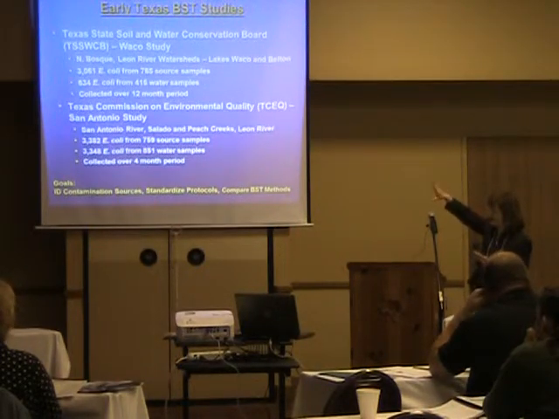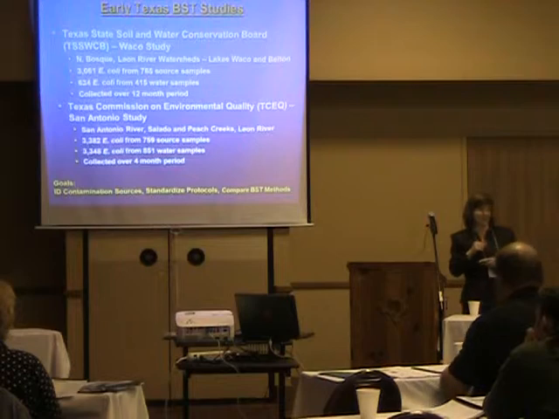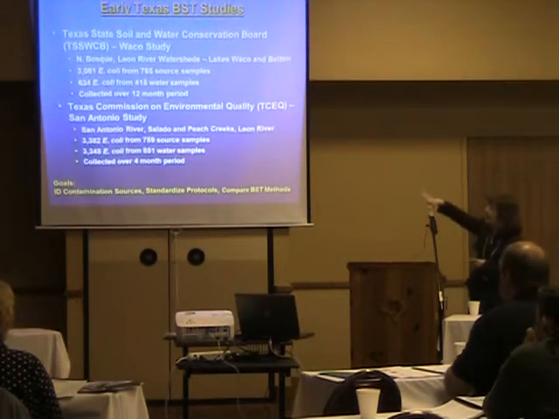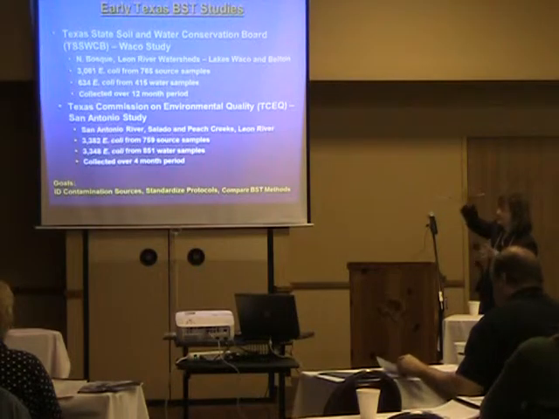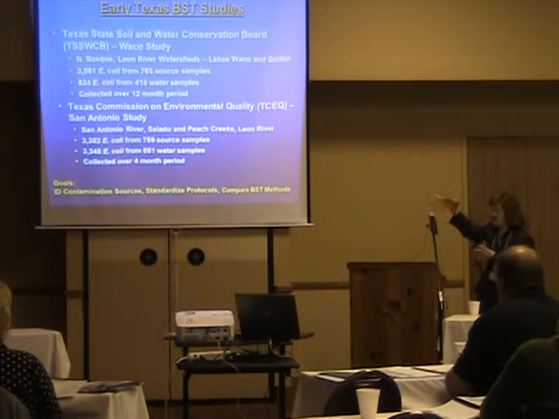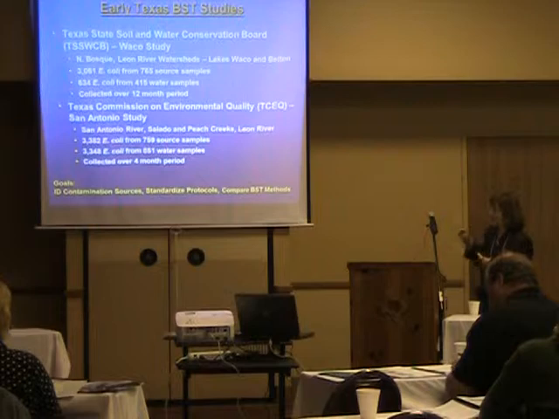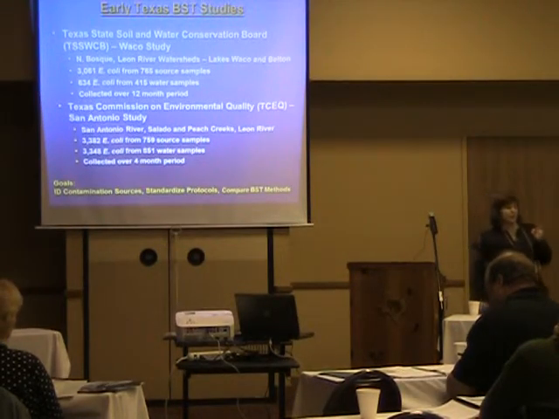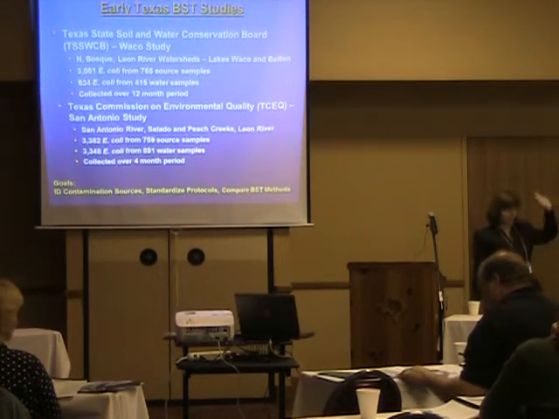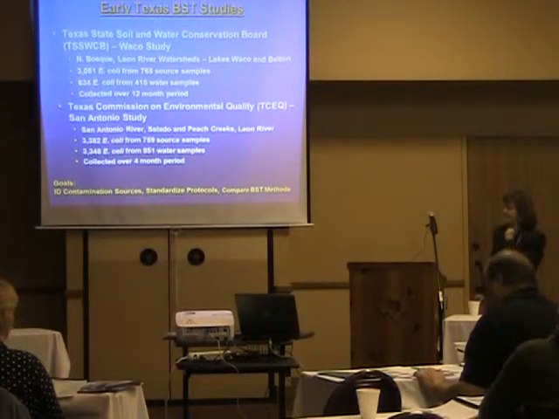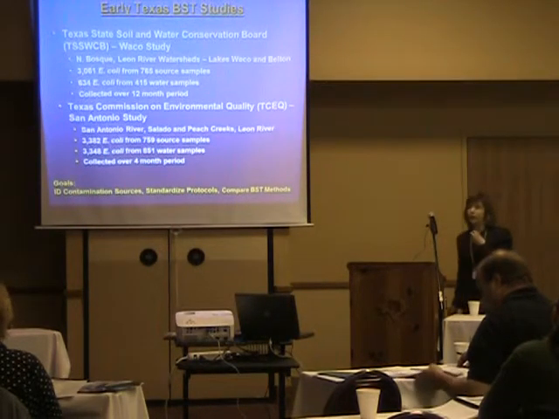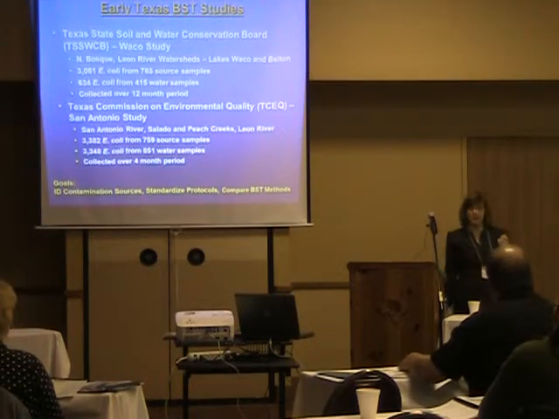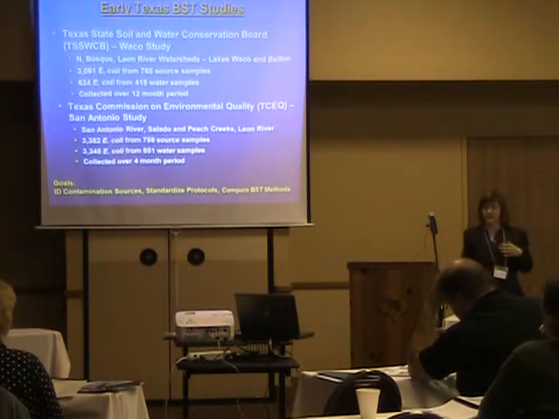This is where this 25,000 number comes in. We've archived 3,000 E. coli isolates, 765 source samples. So these were large studies. But the goals of these studies, first of all, why are we here? Identify contamination sources. These were the early studies, so we wanted to standardize those protocols, and we wanted to compare BST methods.